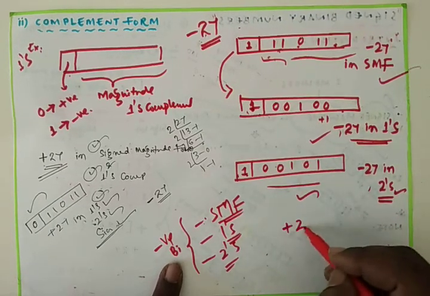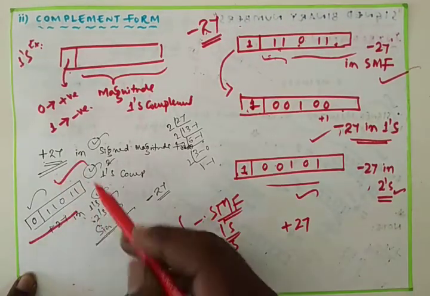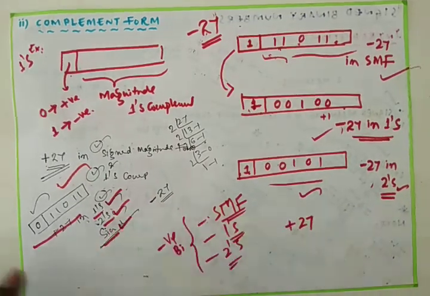But plus 27 remains the same in one's complement form, two's complement form, and sign magnitude form. That means whenever we represent negative binary numbers in sign magnitude form, one's complement form, and two's complement form, we get three different answers.